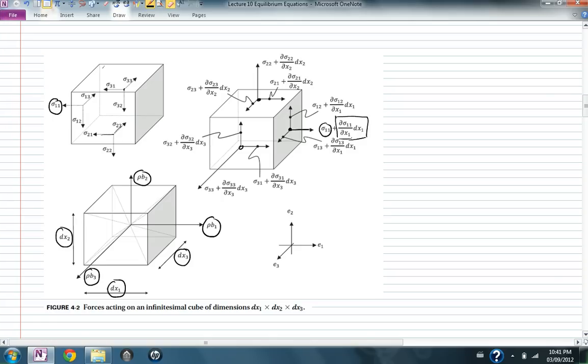So I can use a Taylor expansion and say that between the back face and the front face, sigma 11 has changed by a little bit that is related to the partial derivative of sigma 11.